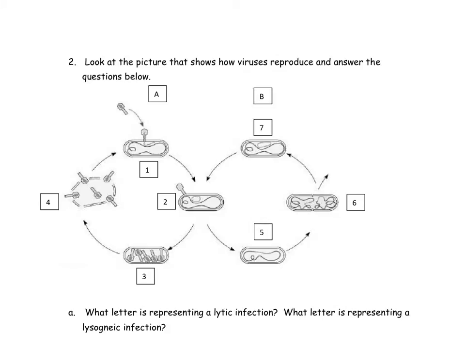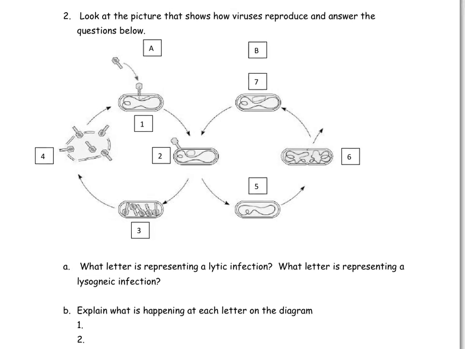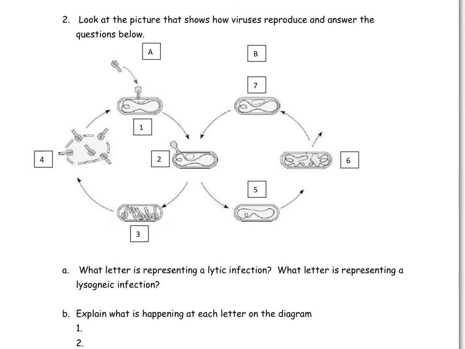Now here on this slide, what we are looking at is the typical reproductive cycle of a virus. Now in this case, we're going to look at a bacteriophage, which is a virus that infects bacteria. There are 2 different cycles that it can go through. And letter A is pointing to what is called the lytic cycle.